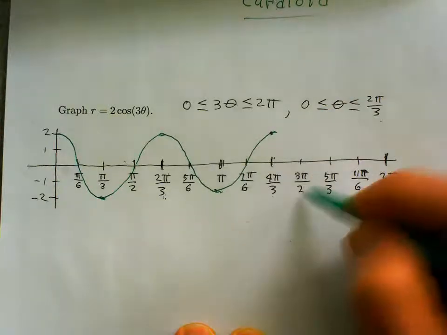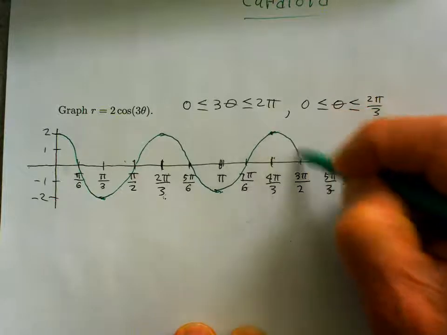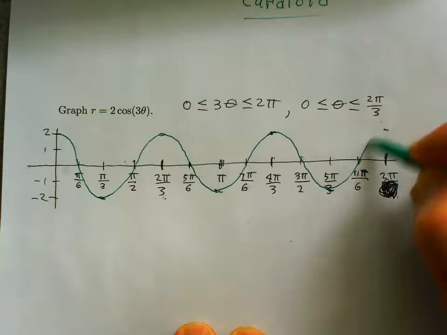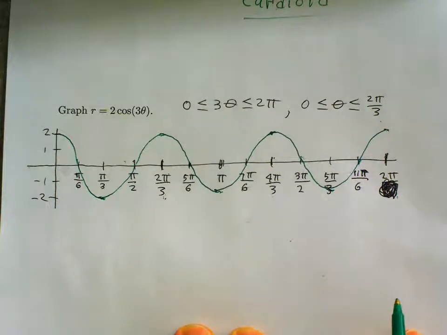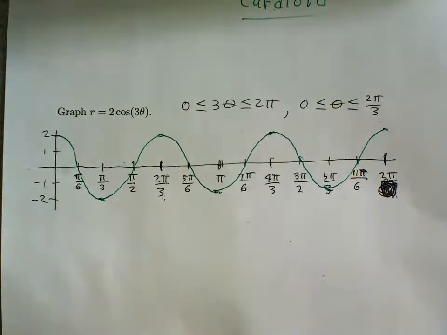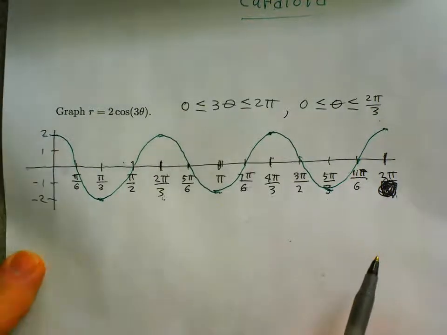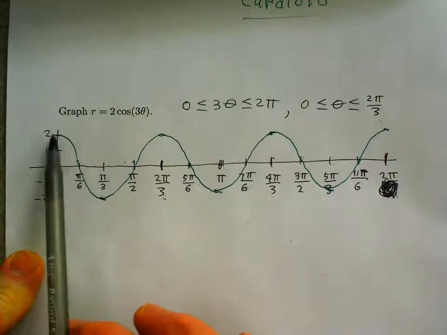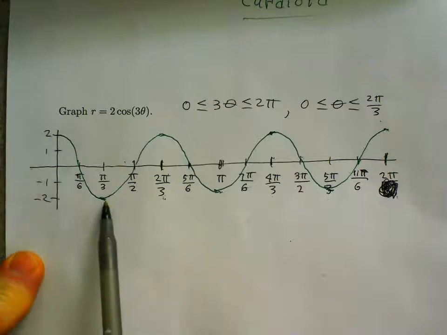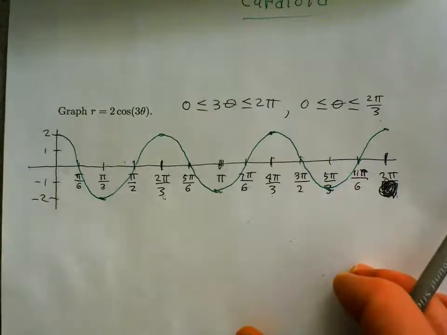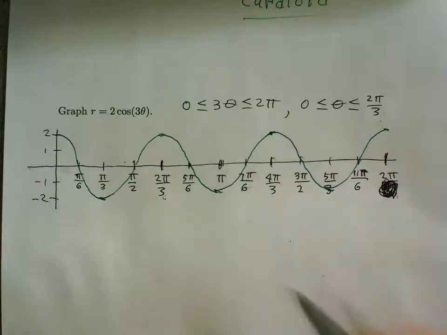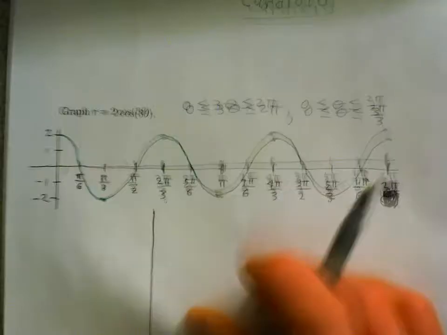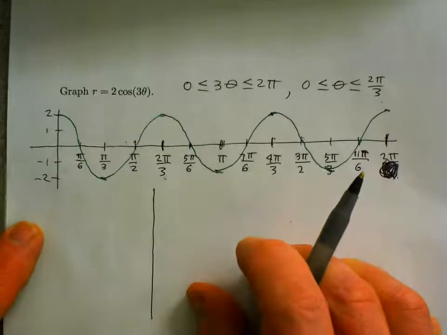And then one more time. Okay, so you can see the R values oscillate between a maximum of 2 and a minimum of -2. So now we'll use that to sketch a graph of the polar curve.